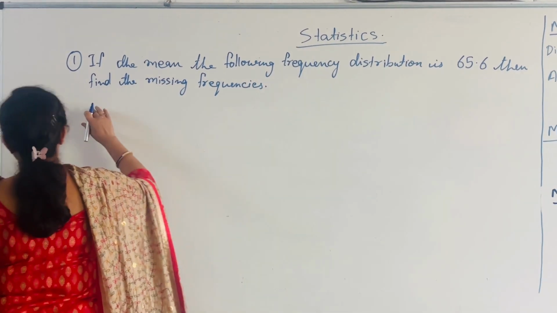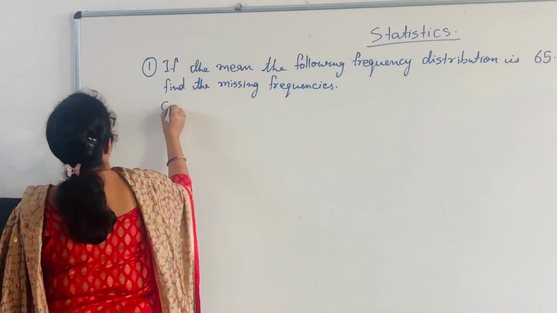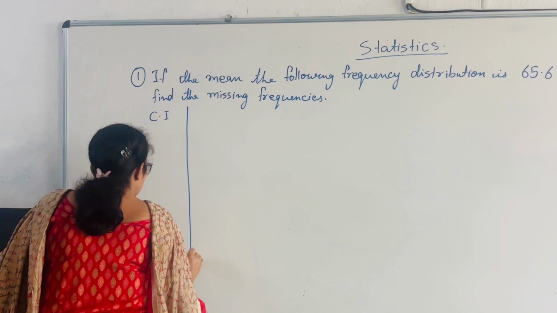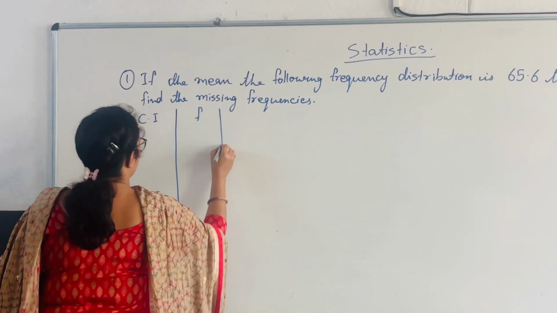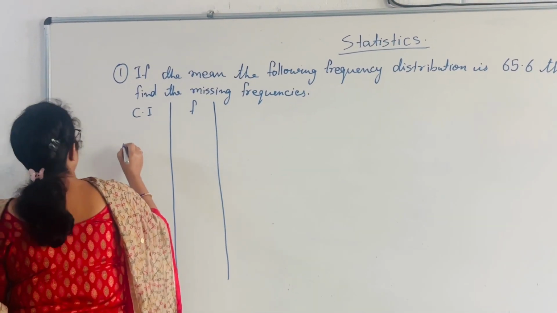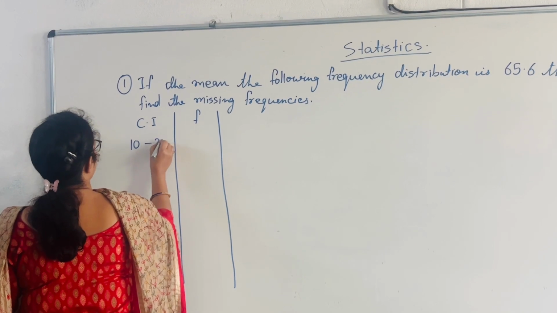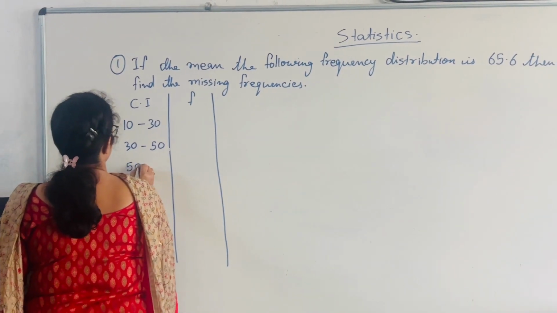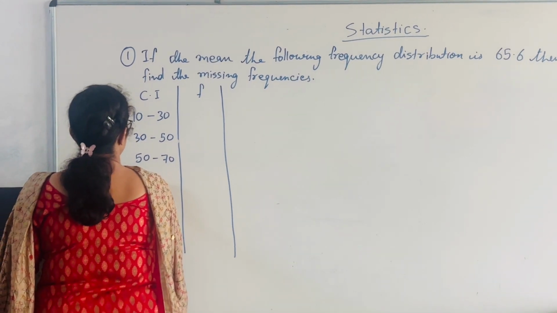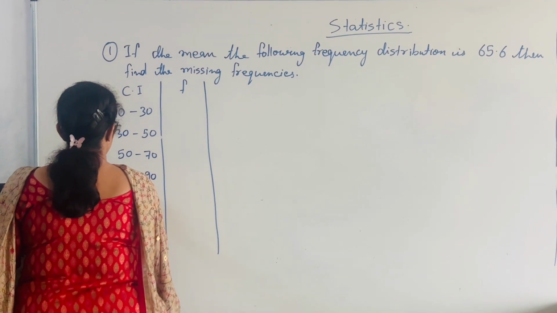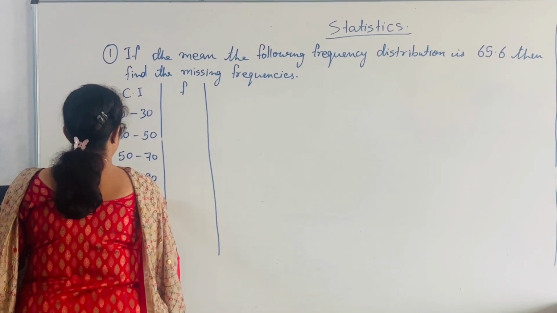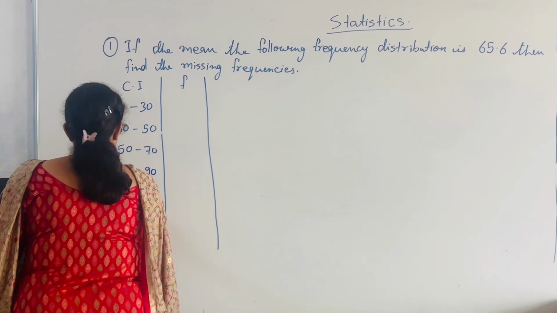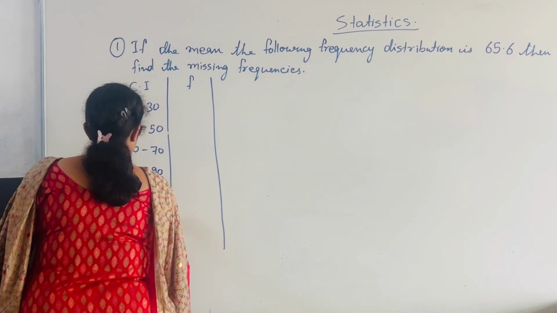Here two frequencies are missing. I am taking the class intervals and frequencies: 10 to 30, 30 to 50, 50 to 70, 70 to 90, 90 to 110, 110 to 130.